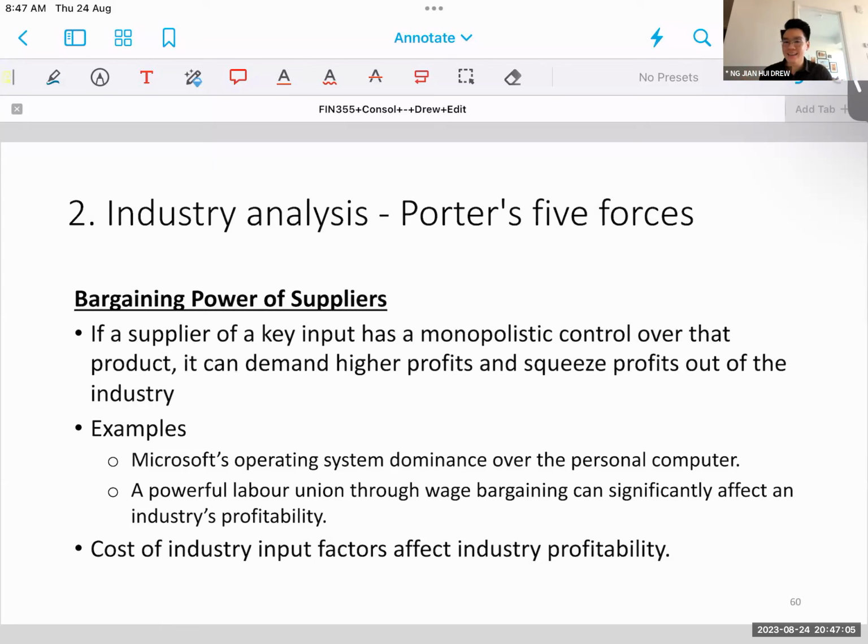But the suppliers are a bit tricky. What are the suppliers of Singtel? I already mentioned spectrum as one of them, which is the most important. Anything else in terms of suppliers? Can anyone think of the suppliers of Singtel? Apple, electronics? Wait, remember we are talking about Singtel.